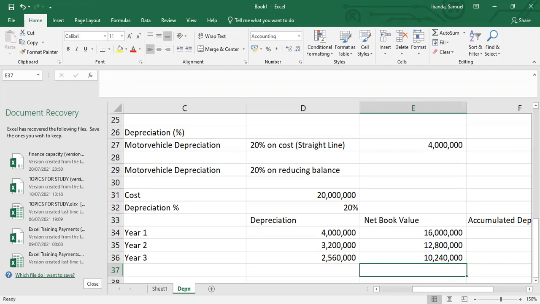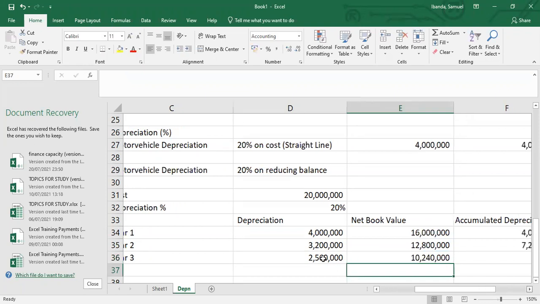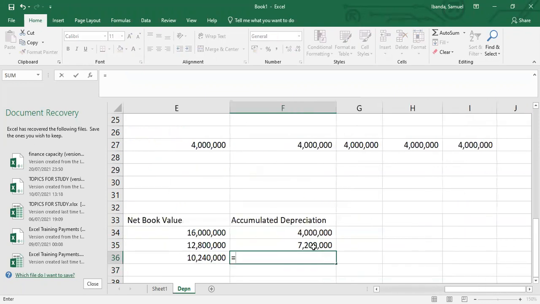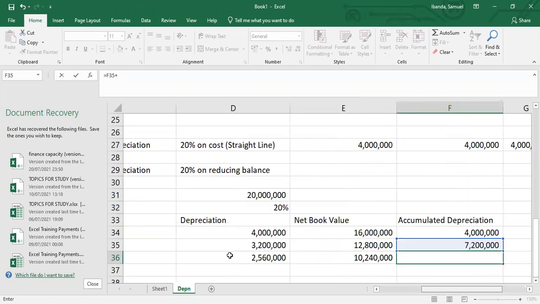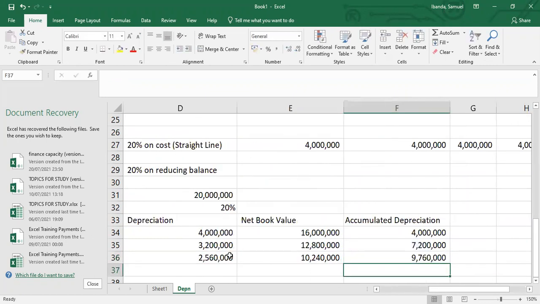You get it? And then the accumulated depreciation will definitely be the 7.2 plus the 2,560, giving me 9,760,000.